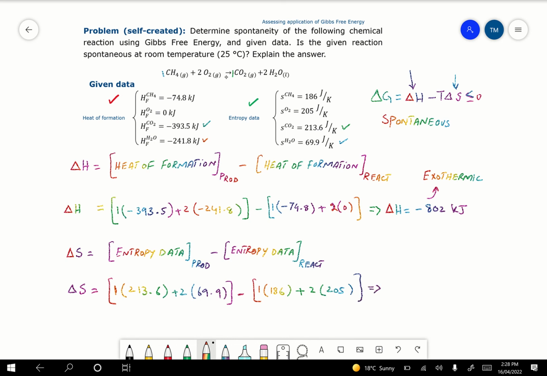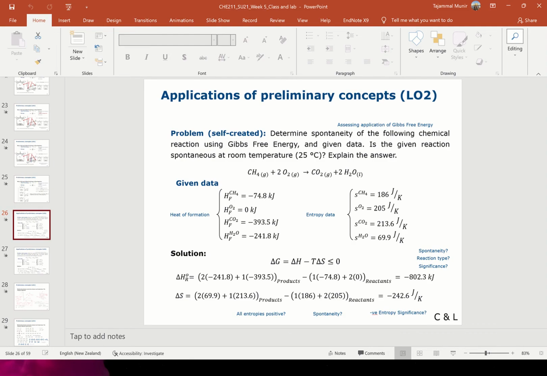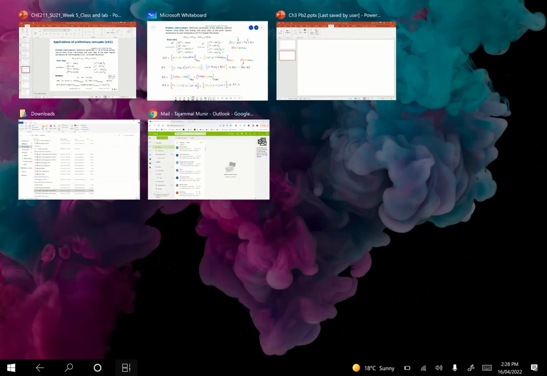So as a result, we will calculate delta S as minus 242, or maybe 243, we can do that.